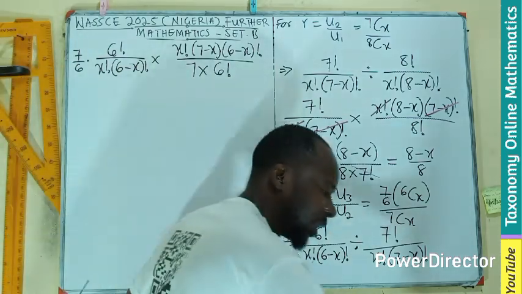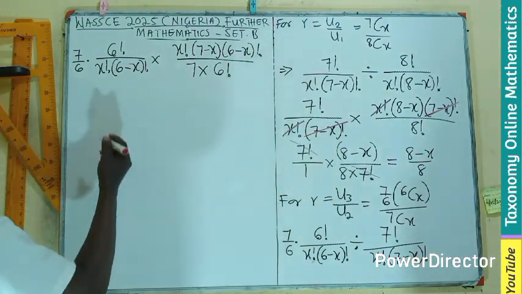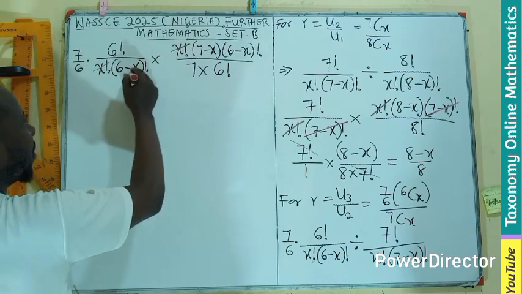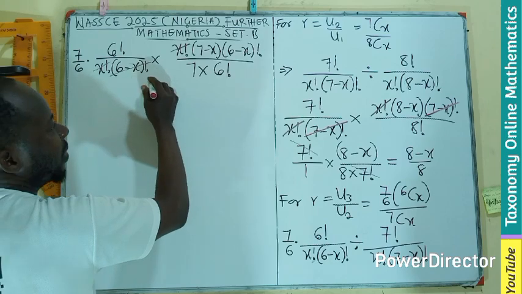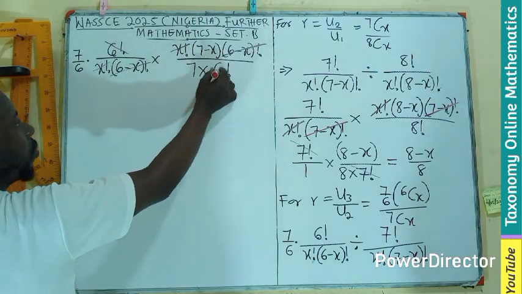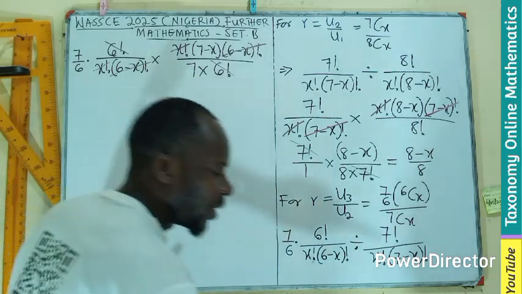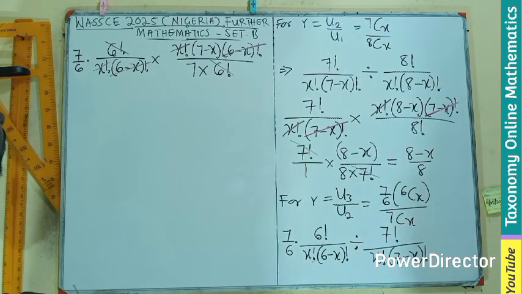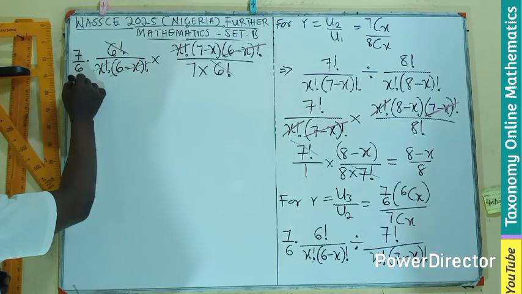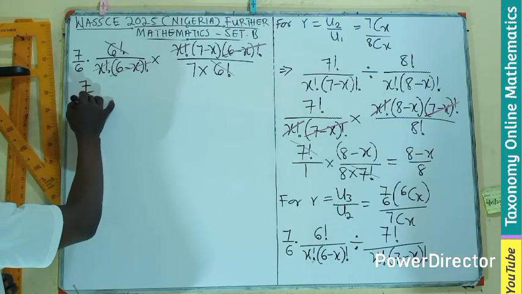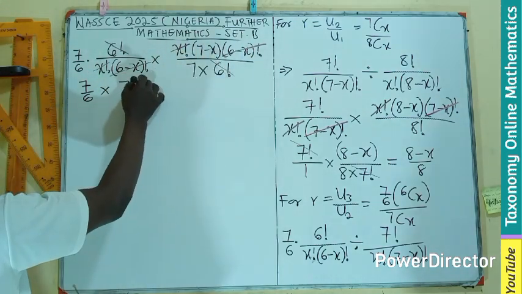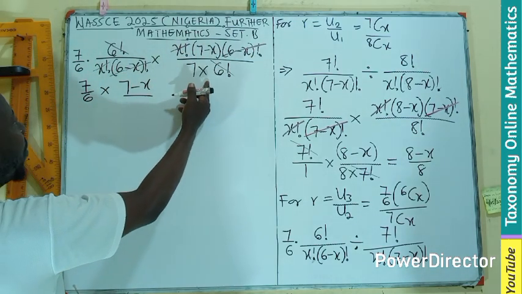So now our cancellation can be done: x factorial will cancel x factorial, 6 minus x factorial will cancel this, 6 factorial will cancel 6 factorial. Then everything in here is gone, leaving only the factor 7 on 6 times 7 minus x divided by what?